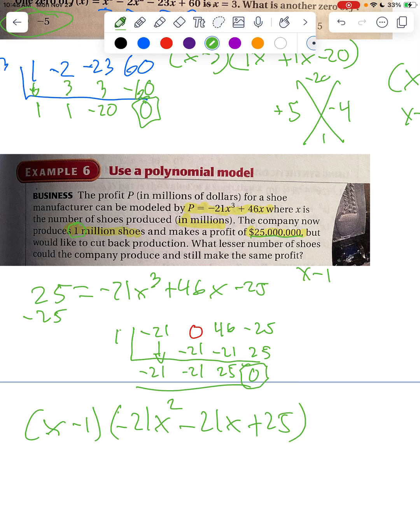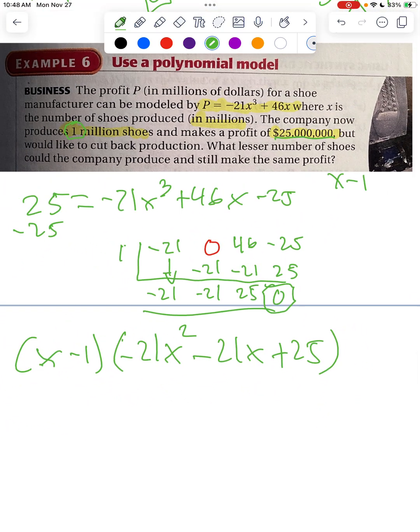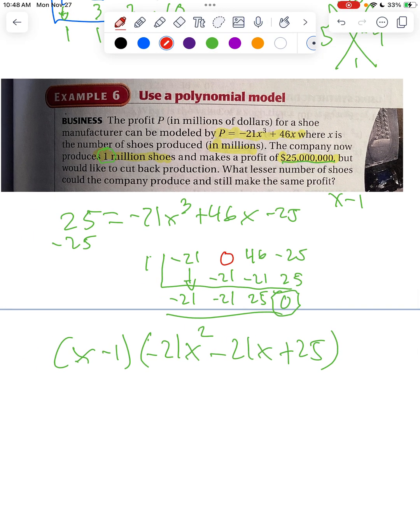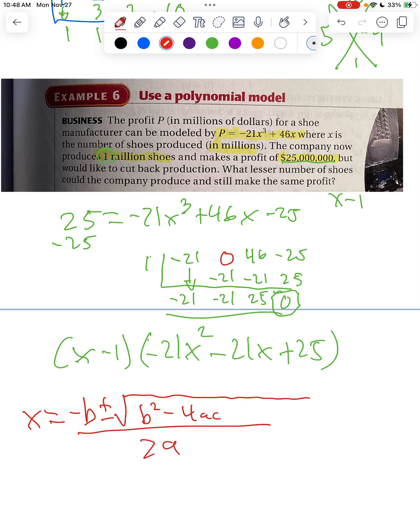And now I have to think about how I could factor this. This one's going to be hard. So what always works? The quadratic formula. Negative b plus or minus the square root of b squared minus 4ac, all over 2a. No matter what, it will always work. Here's a, here's b, here's c.